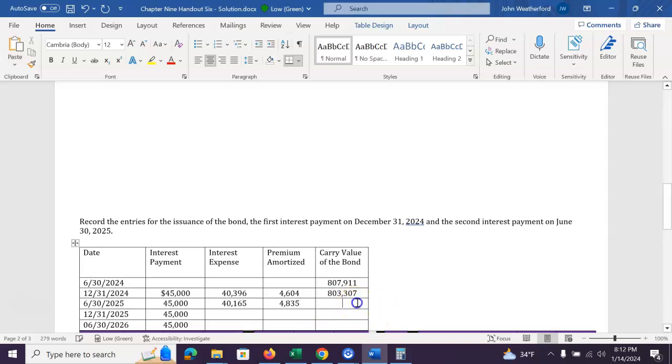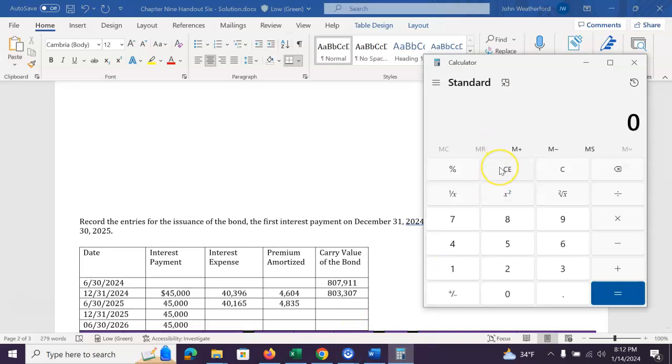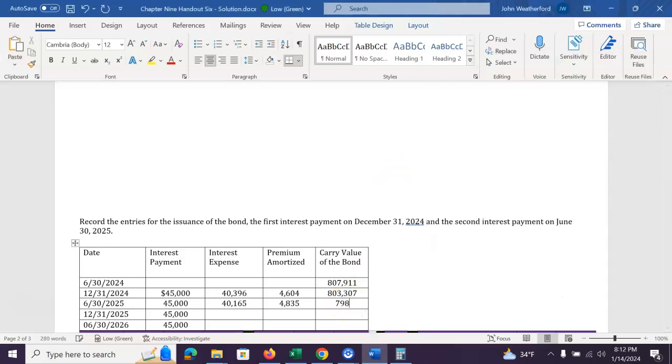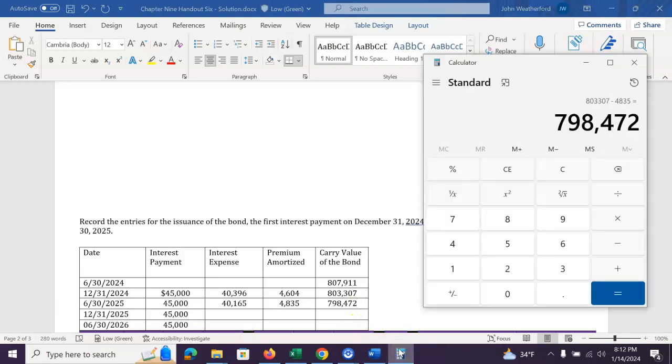Then that will be subtracted from the previous carrying value to get our new carrying value. So 803,307 minus 4,835 gives us 798,472. All right, so that'll be our carrying value at the end of June 2025.